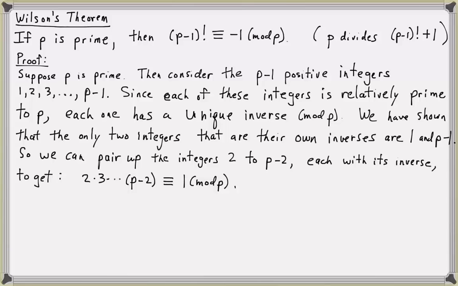So we're pretty close to the statement. We just need to add the factors 1 and p minus 1. If I multiply both sides of this congruence by 1, that won't affect anything.